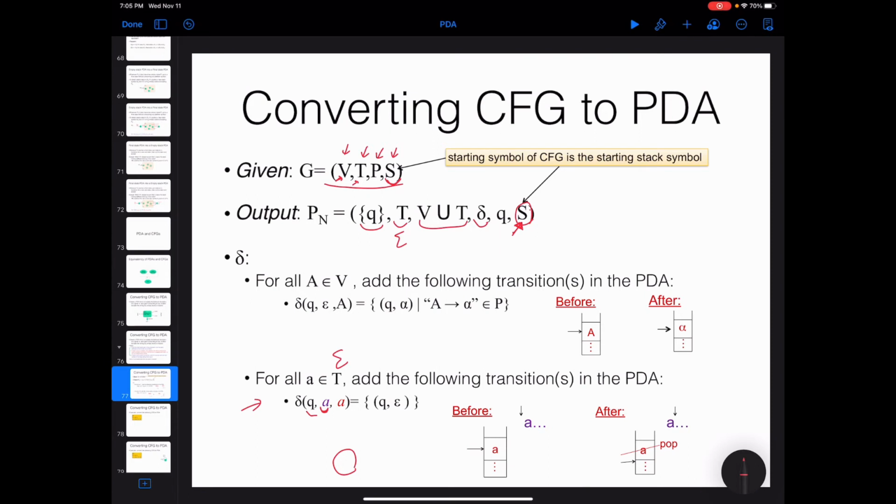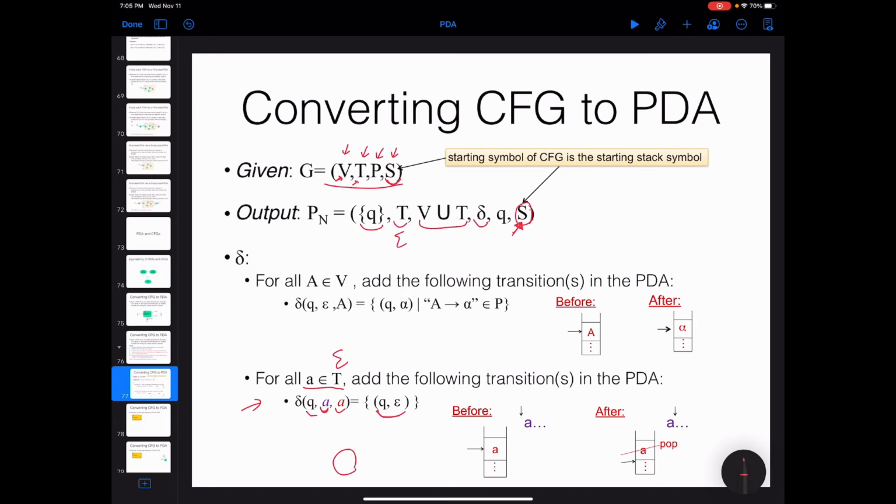And if the top of the stack is also a, the transition is that you read this token from the input string and remove that token from the stack. So for all of the tokens in the sigma, the set of terminal symbols that we have, we are going to have one corresponding transition.